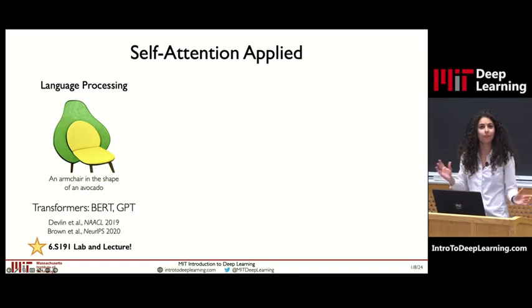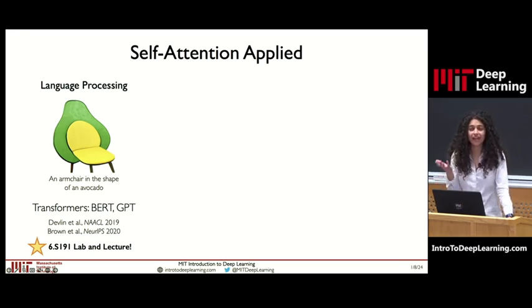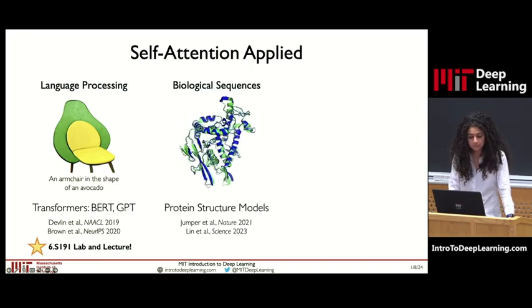Perhaps the most prominent and most notable is in natural language with models like GPT, which is the basis of a tool like ChatGPT. And so we'll actually get hands-on experience building and fine-tuning large language models in the final lab of the course, and also go more into the details of these architectures later on as well.